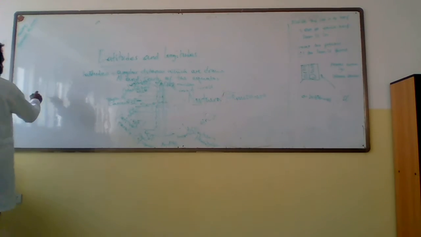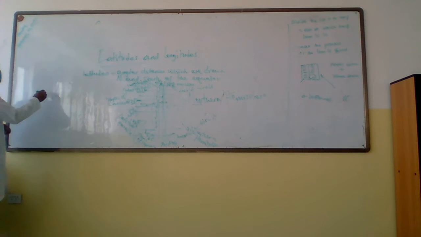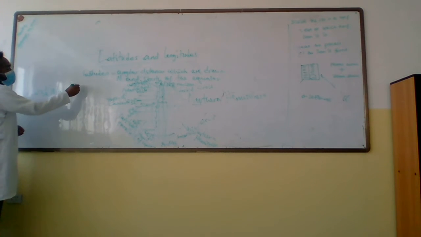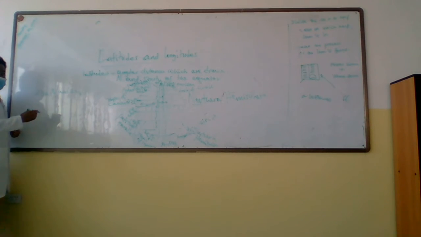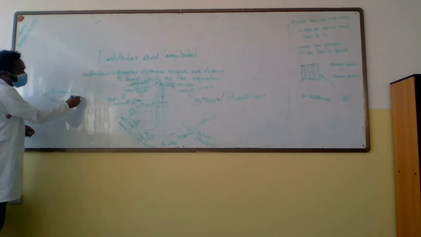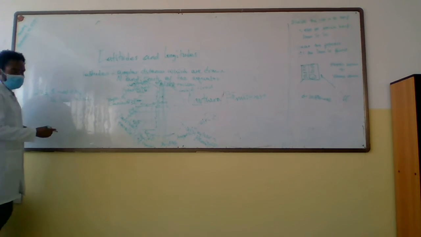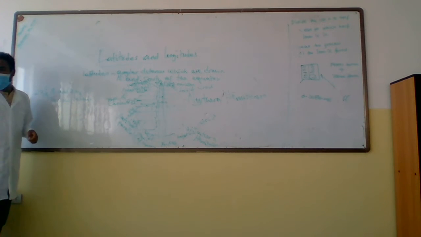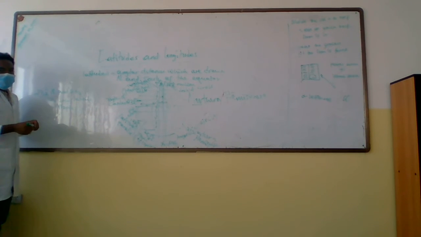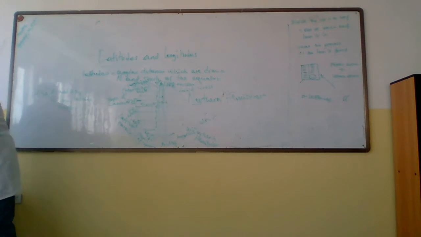The area between 23 and a half north and 23 and a half south is called the low latitude, or tropics.